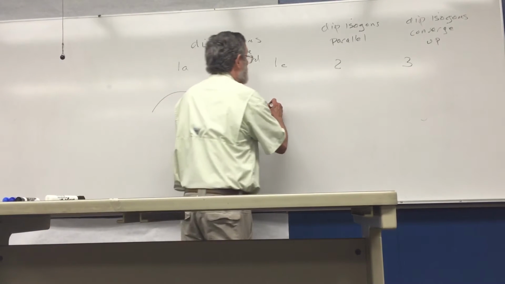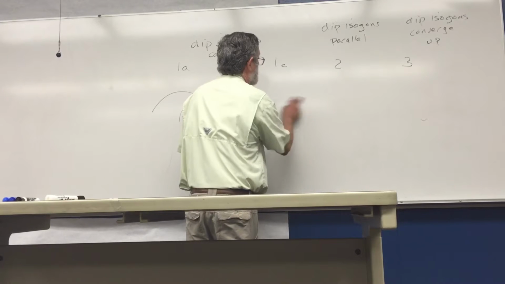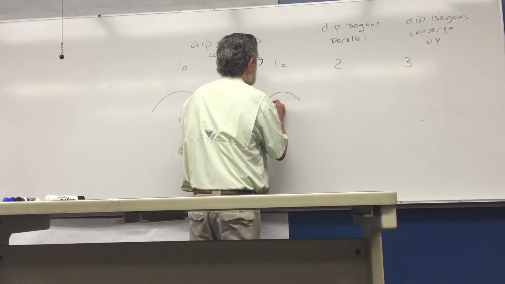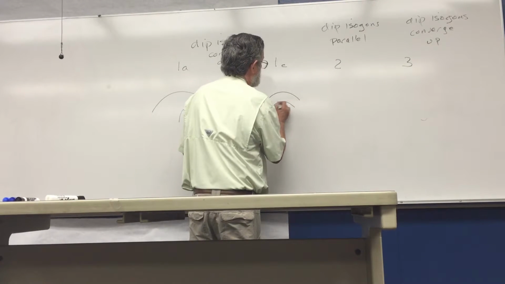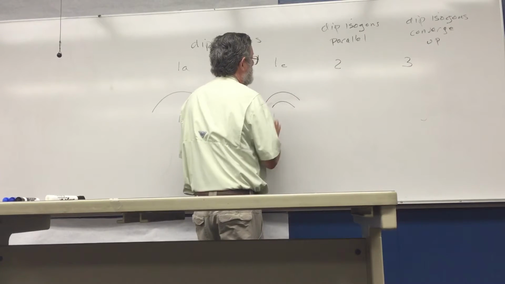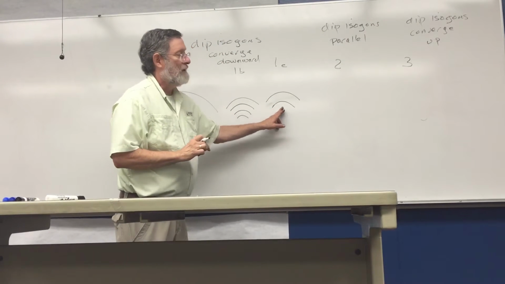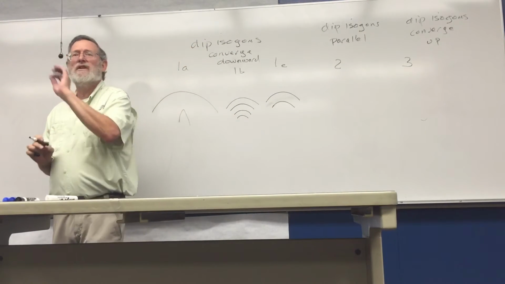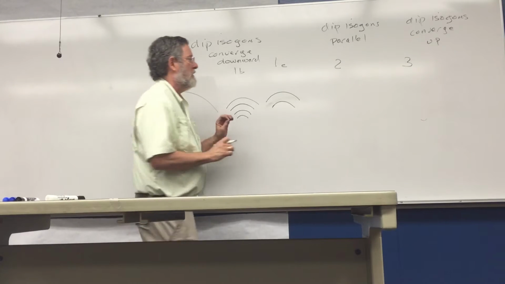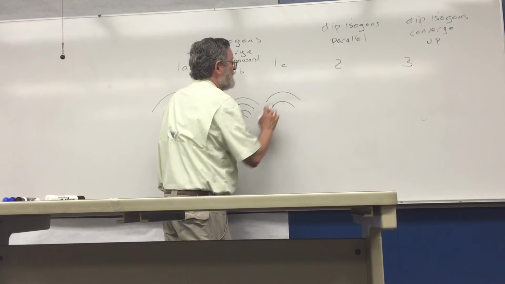And he had some folds where there was just the slightest amount of thickness change, so it converged gently downward. But just a little bit of thickening in the hinge of the fold.